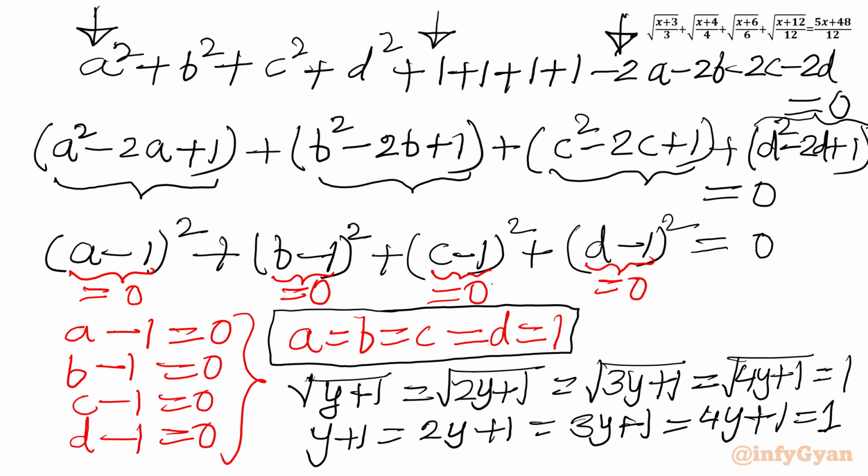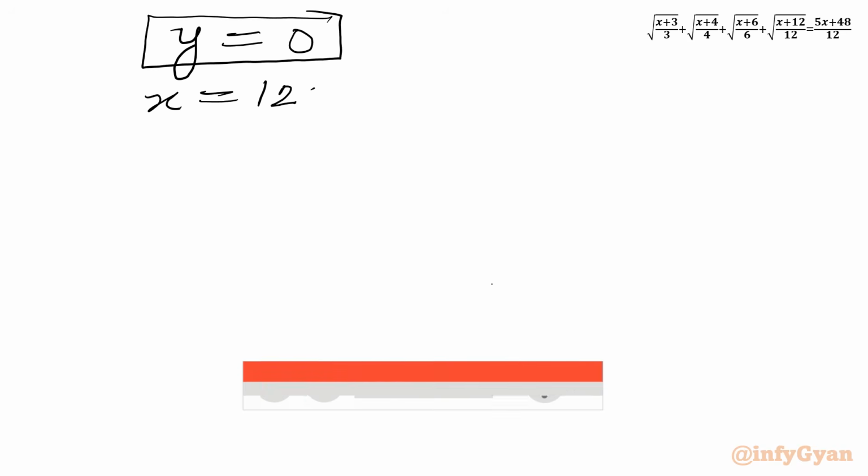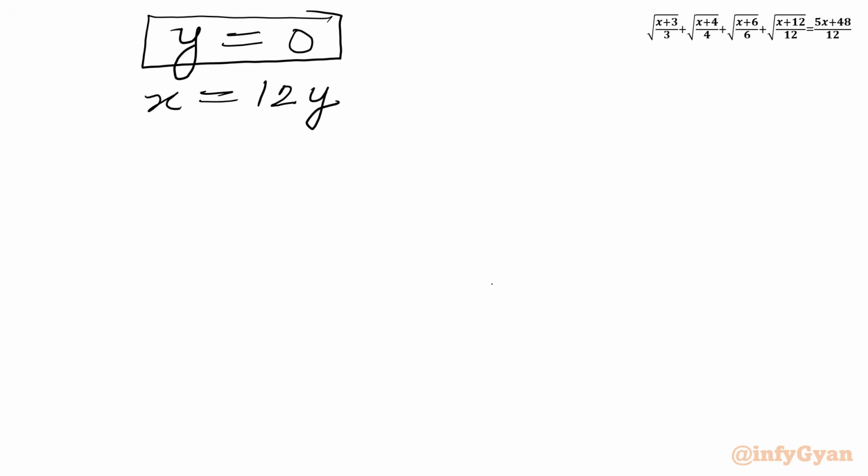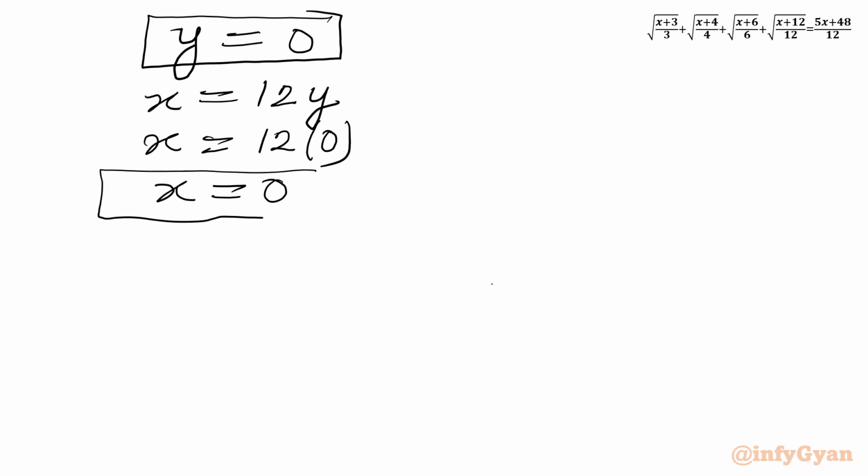So these 4 equations will hold true once y equal to 0. And our substitution was x equal to 12y, so x equal to 12 times 0. x will be equal to 0. The only real solution which will satisfy our equation is x equal to 0.